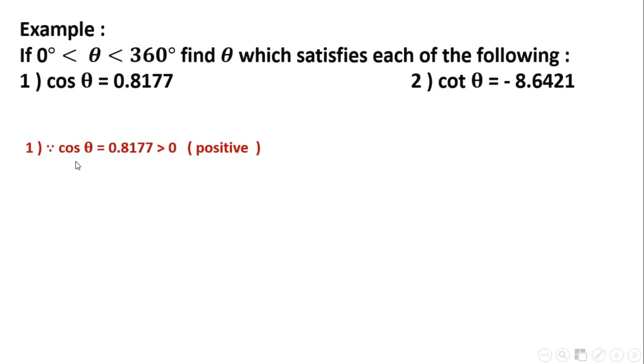Number 1, since cosine theta equals 0.8177, which is bigger than 0, so theta lies in the first and fourth quadrants.